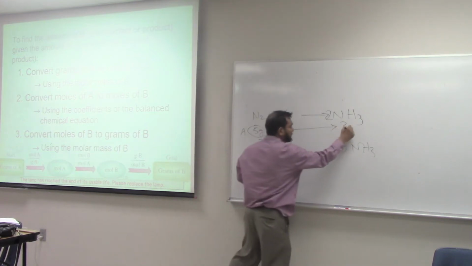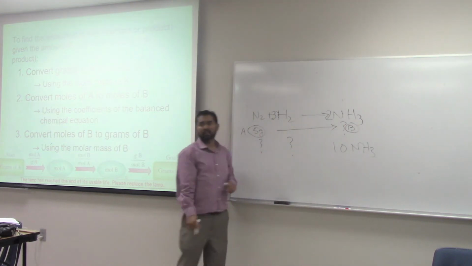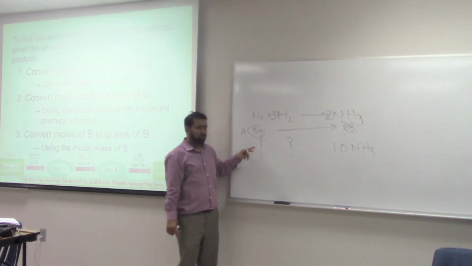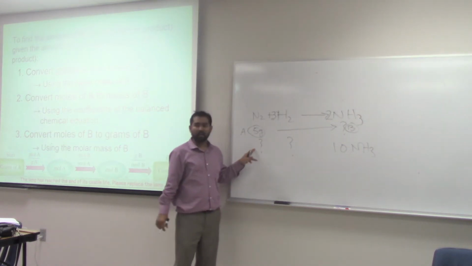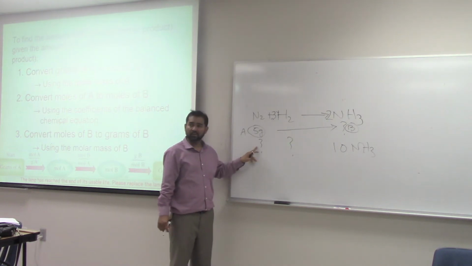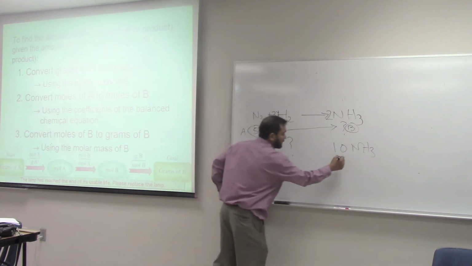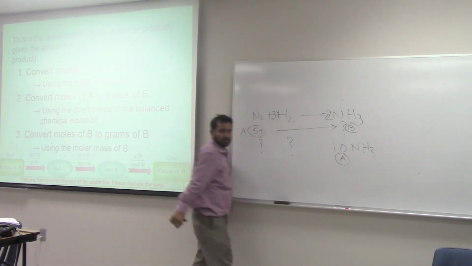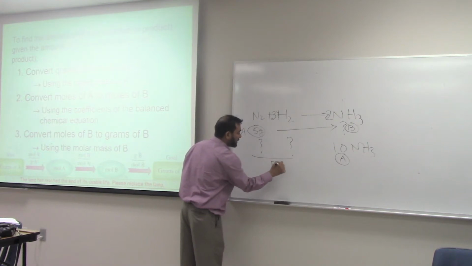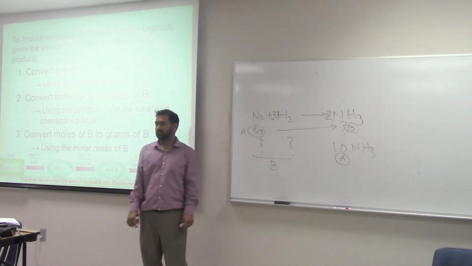This is the B that you need to calculate, guys. So second problem, I said 10 gram of ammonia you want to produce. How much nitrogen you need? So here ammonia is A. The B is always the one you're trying to calculate.